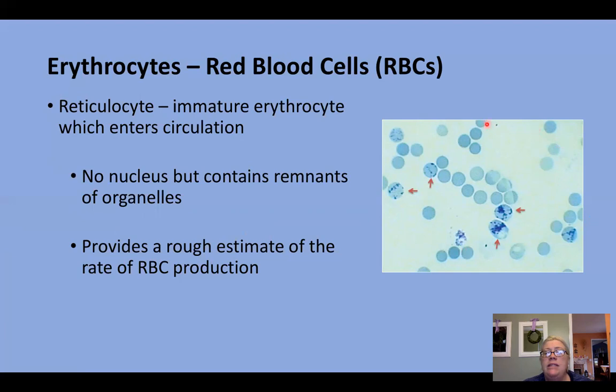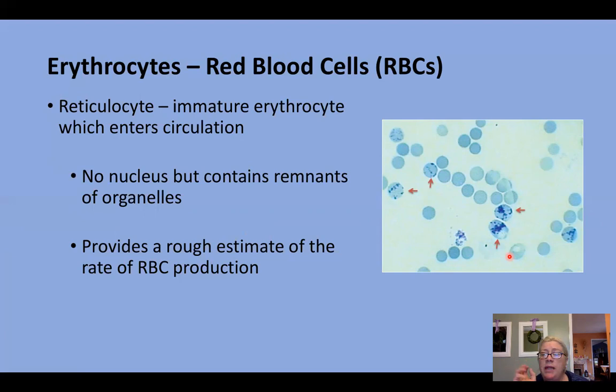And here we have a staining of blood cells. These blue cells right here are actually red blood cells. They are blue because they've been stained with a particular dye. The ones that have arrows pointing to them are reticulocytes. What you can notice with them is that the reticulocytes have some little speckling in them.